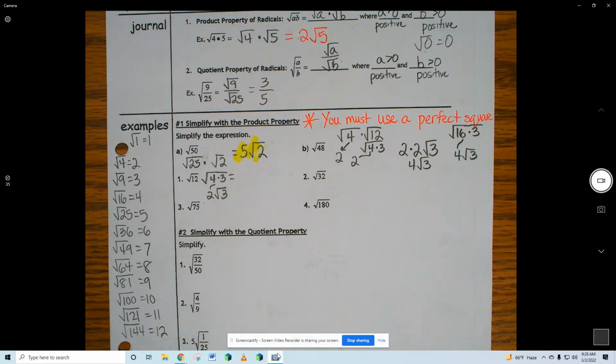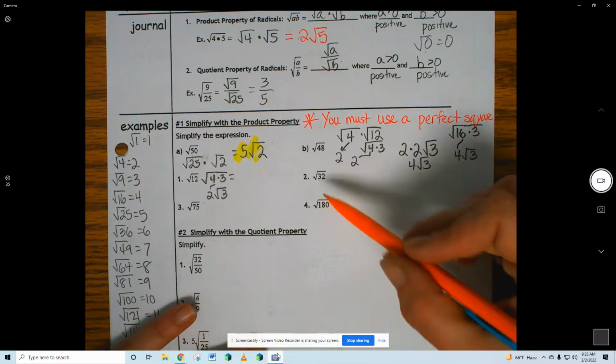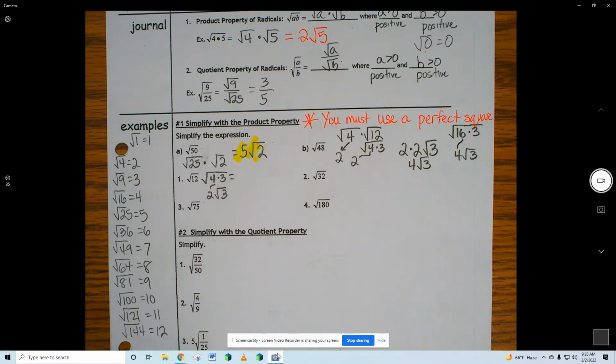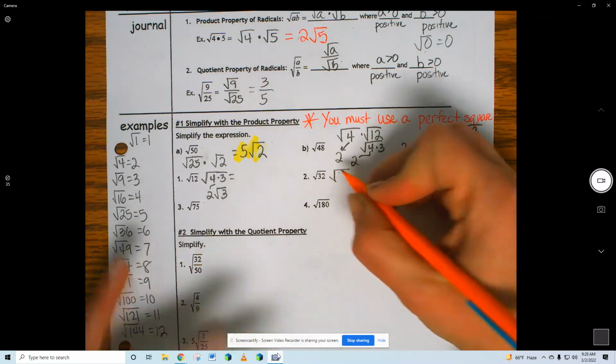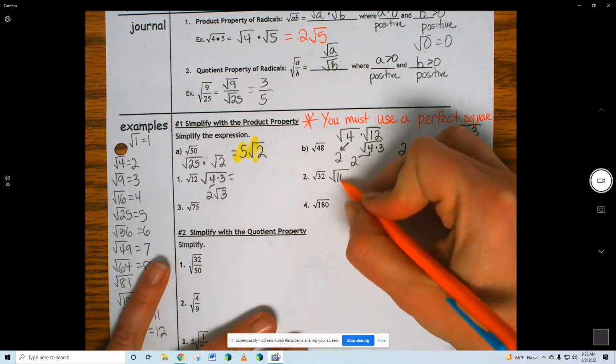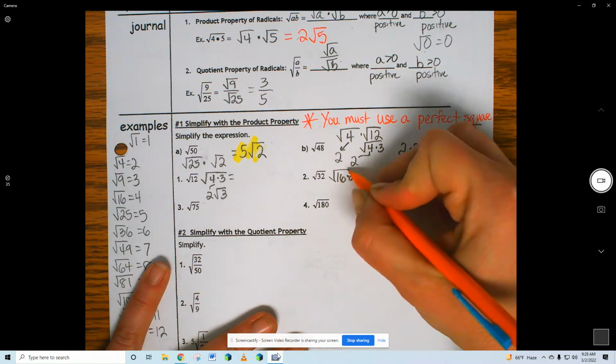All right. What about 32? Number 2. What about 32? 16 times what? 16 times 2. Do you guys want me to separate them or do you want me to keep them under 1? Okay. 16 times 2.